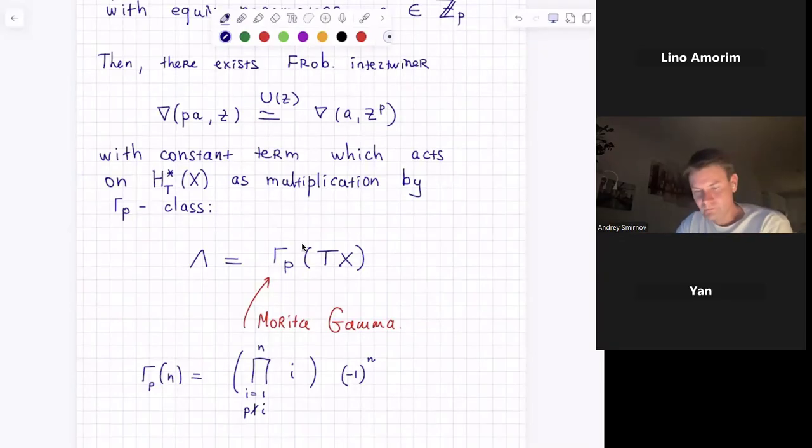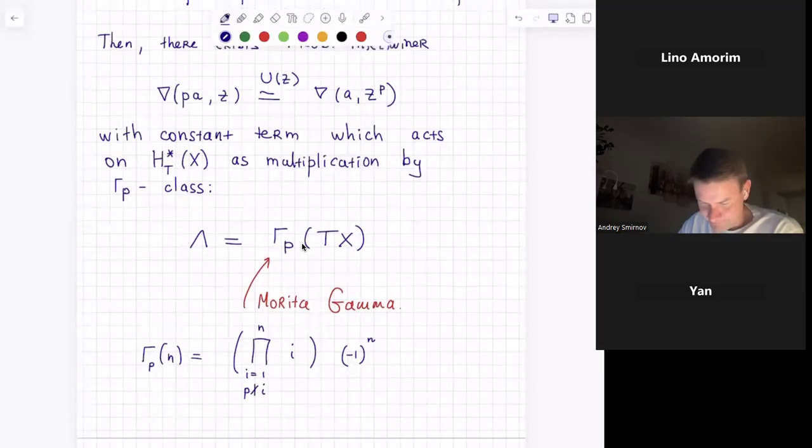So this story will be closely related to solutions of q-difference equations when q is a p-th root of unity, but in that q story, it doesn't matter if p is prime or not. But here, since all these things are only defined p-adically, we must assume it.